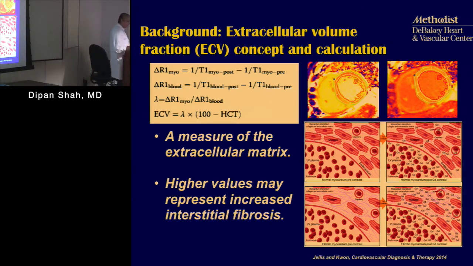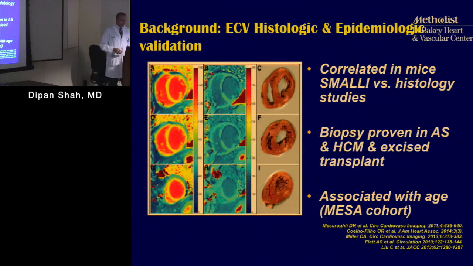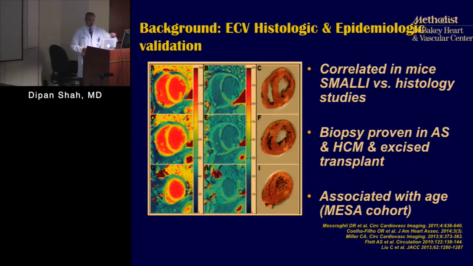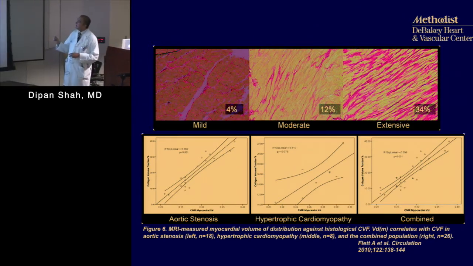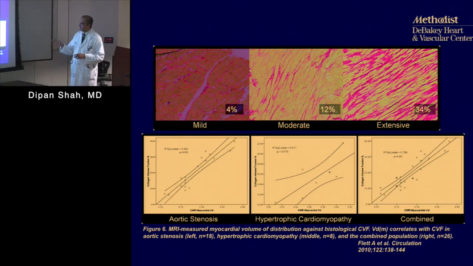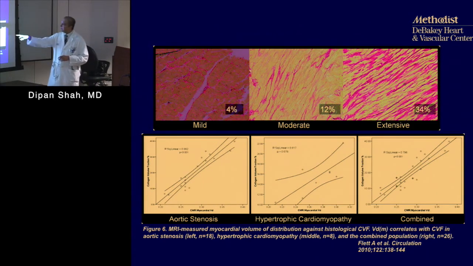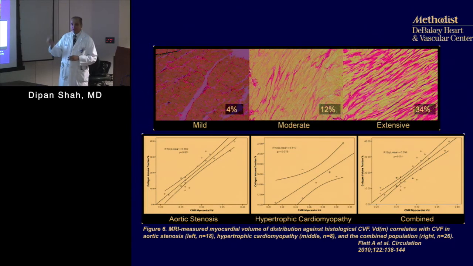Okay? Then what I'm going to try to do is go quickly through some of the background literature, some of the background studies that have been done. Again, most of these are relatively small studies. This was one study where they looked at a series of patients that they performed biopsies on. On the left-hand side is a group of patients with aortic stenosis.